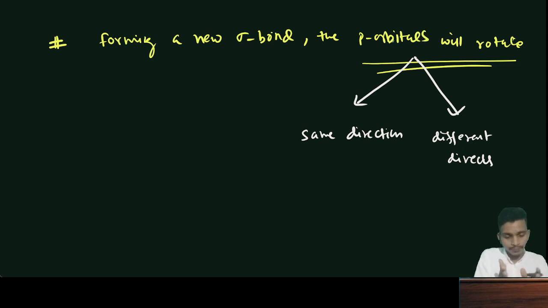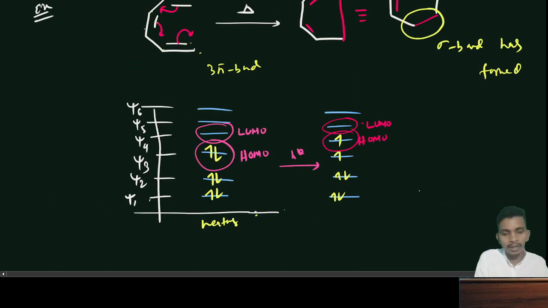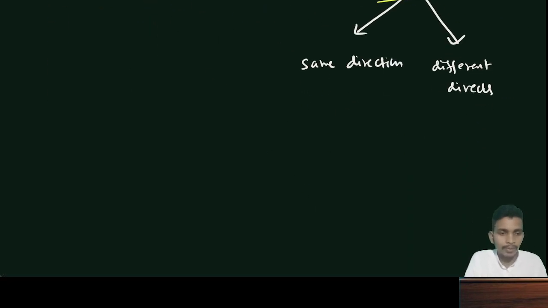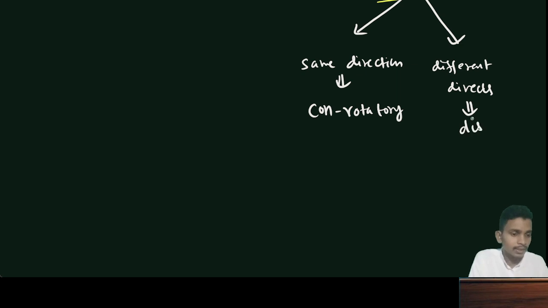Because the HOMO and LUMO will participate in the reactions. Same direction means, in a pericyclic electrocyclic reaction, that we say conrotatory. If they are rotating in the same direction, we say conrotatory, and if it is rotating in different directions, then we say that is disrotatory.